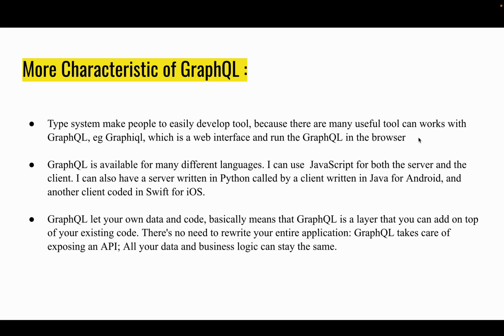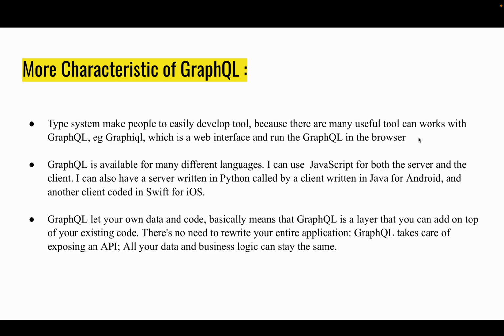Also, GraphQL is available for many different languages. I can use JavaScript for both the server and the clients. I can also have the server written in Python and called by clients written in Java for Android, and another client coded in Swift for iOS.